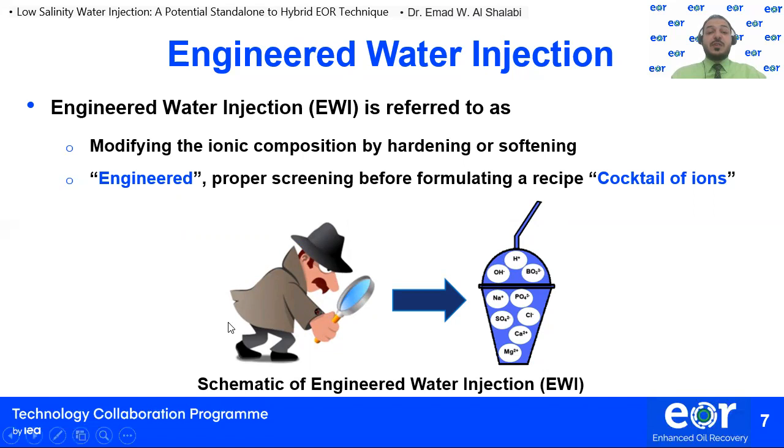The engineered term basically is used to denote that proper screening is needed for coming up with what you can call your favorite recipe, a cocktail of ions that will maximize the effect of rock, oil, and brine interactions, and it will result in incremental oil. So this needs more screening compared to just diluting the water using low salinity water injection.